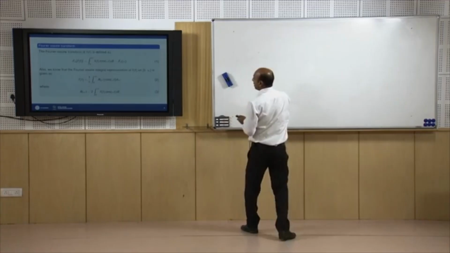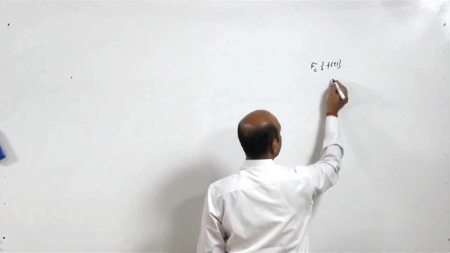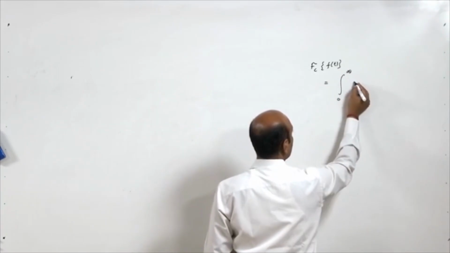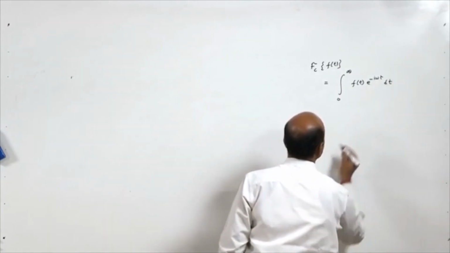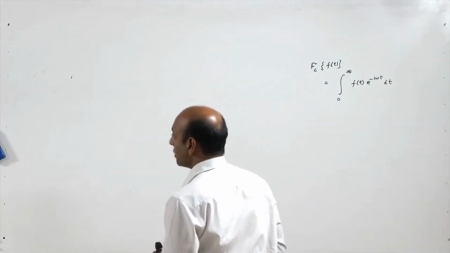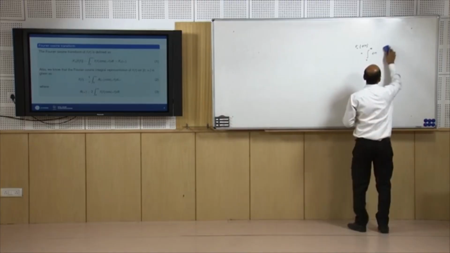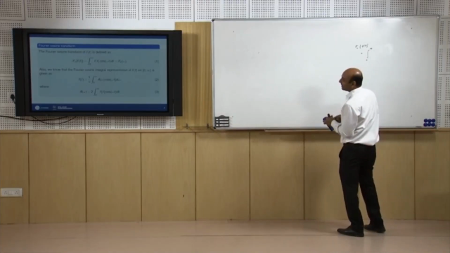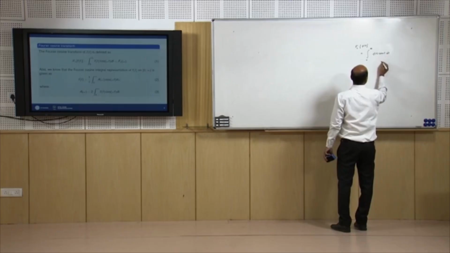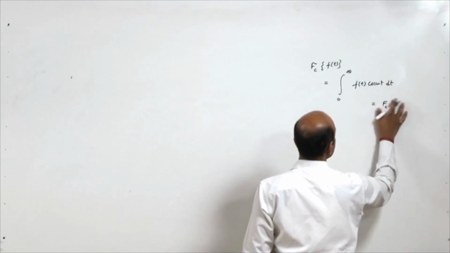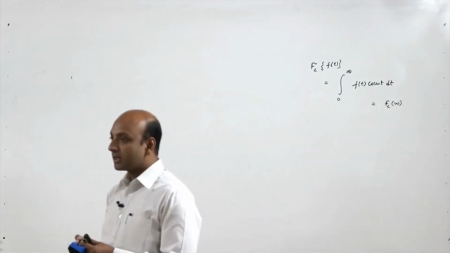Basically, the Fourier cosine transform of f(t) is the integral from 0 to infinity of f(t) cos ωt dt, because it contains cosine terms, which we are calling Fc(ω).